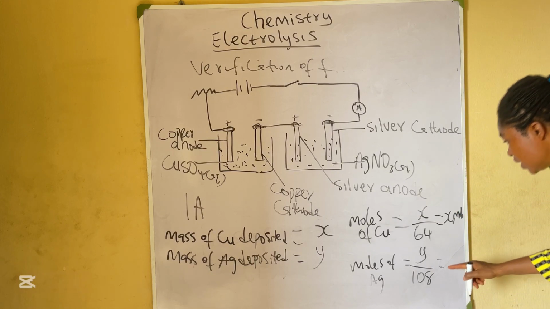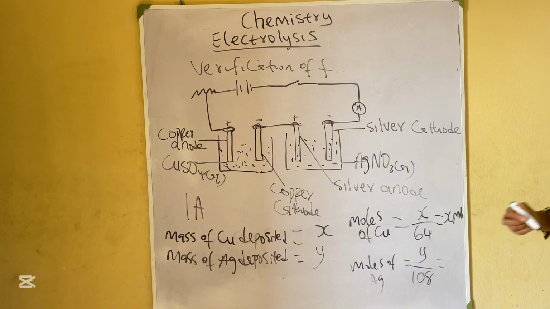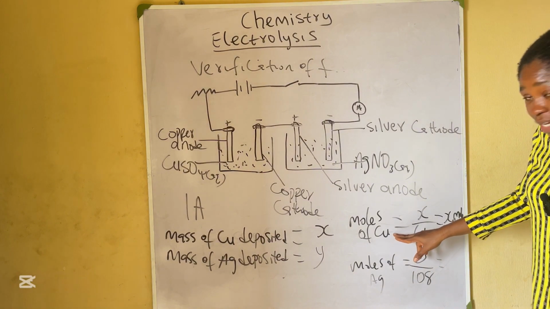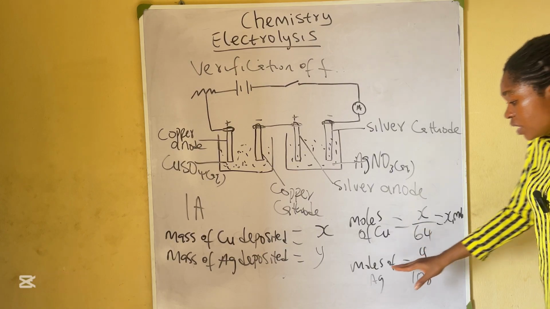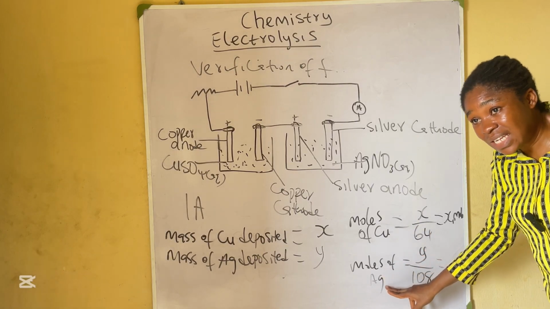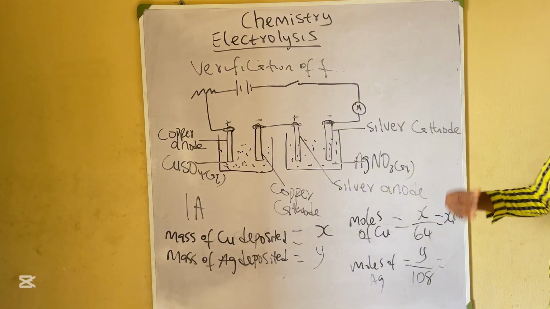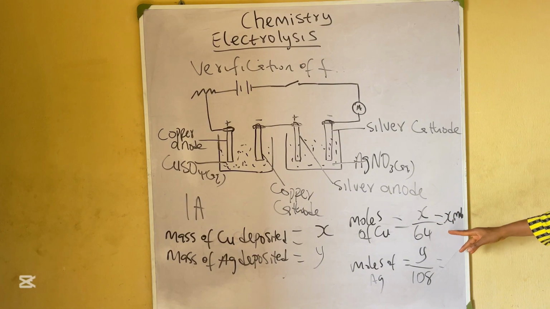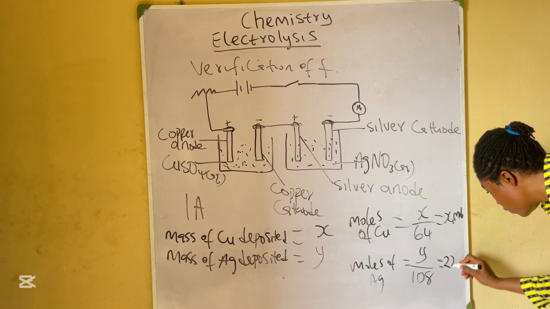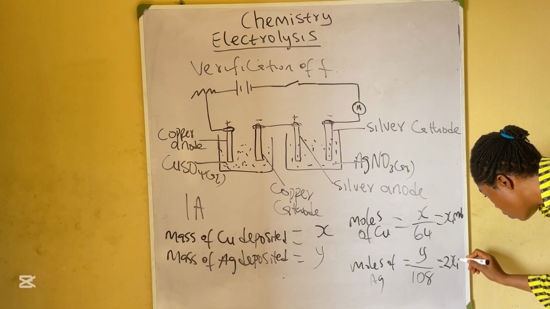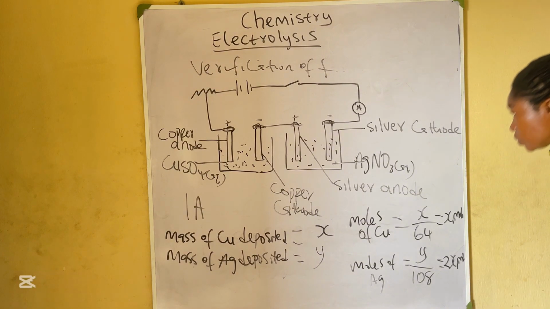So this is Faraday's second law. For copper, the charge is 2 plus. If the moles is S mole, the moles of silver, whose charge is plus 1, will be 2 times the number of moles of copper, so 2S mole.